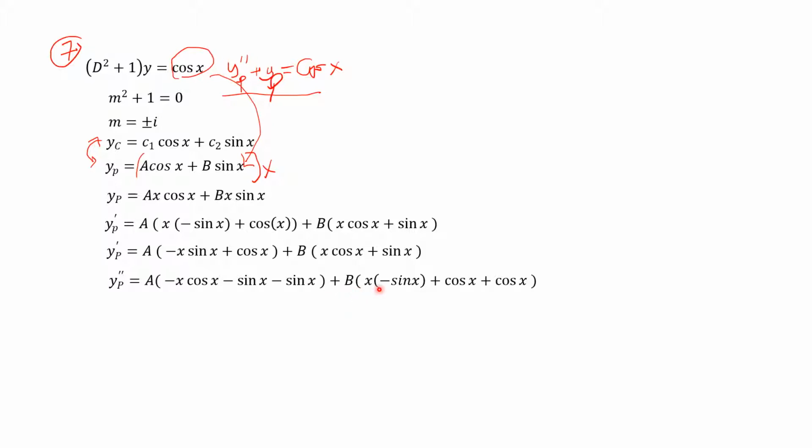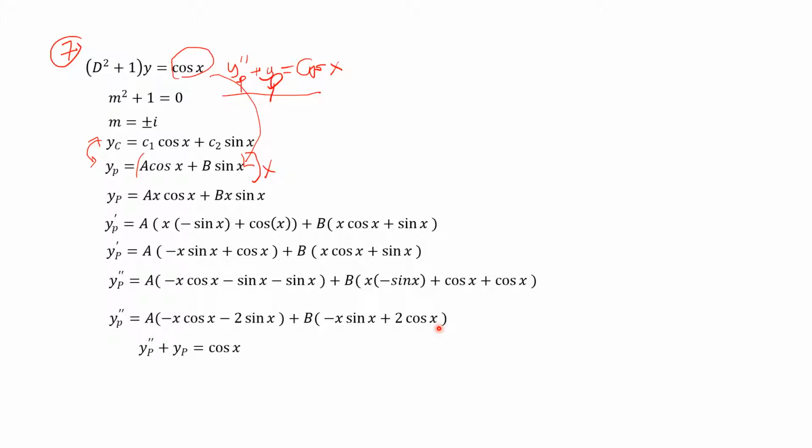Here plus b times x times the derivative of cosine x, which is negative sine x, plus cosine x times the derivative of x, which is 1, plus the derivative of sine x, which is cosine x. Simplifying, we have yp double prime is a times negative x cosine x minus 2 sine x plus b times negative x sine x plus 2 cosine x.